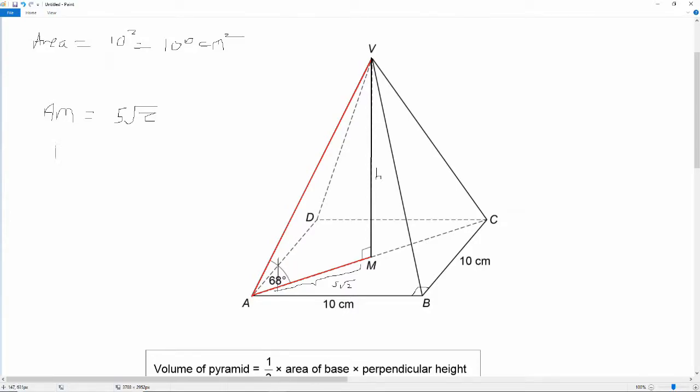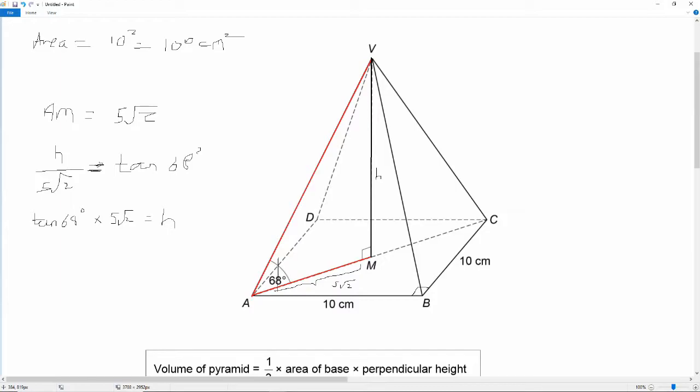So H over 5 root 2 is equal to tan 68 degrees. So tan 68 degrees multiplied by 5 root 2 is equal to H.